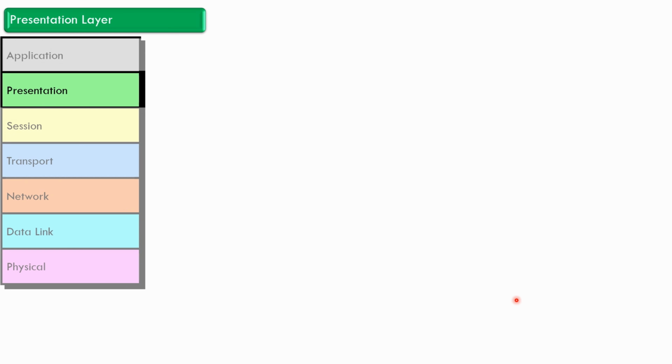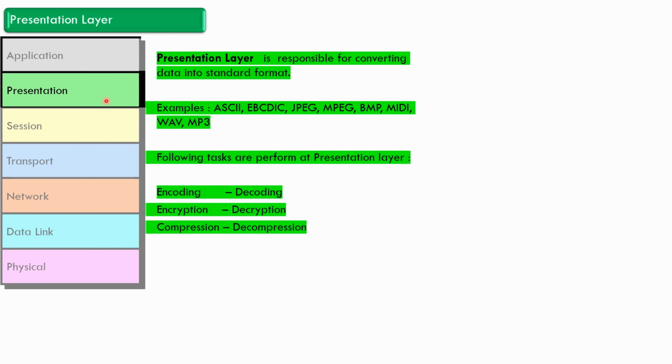Okay, then the next one is the presentation layer. The presentation layer is responsible for converting data into a standard format. Examples are ASCII, JPEG, MPEG, MP3, WAV, MOV, MP4, all the media formats.